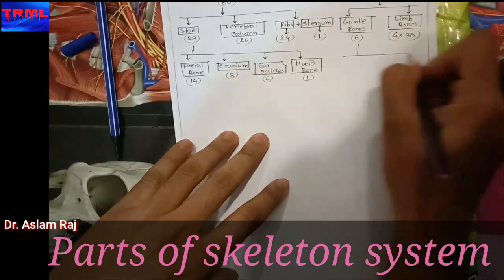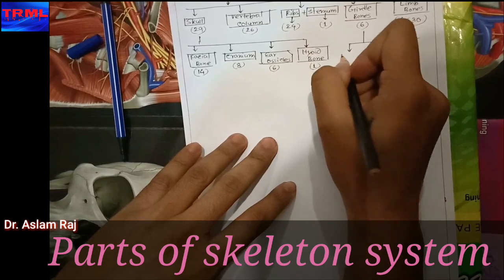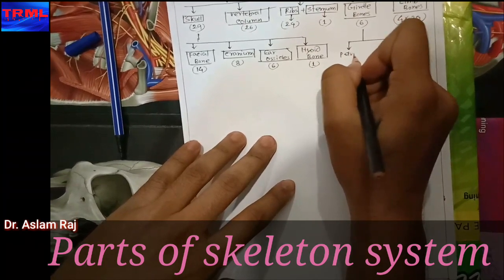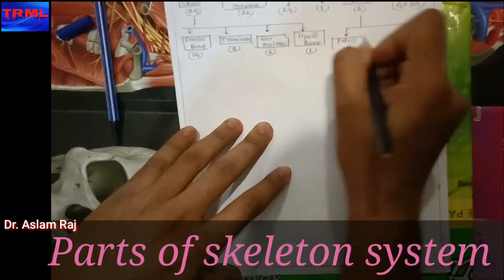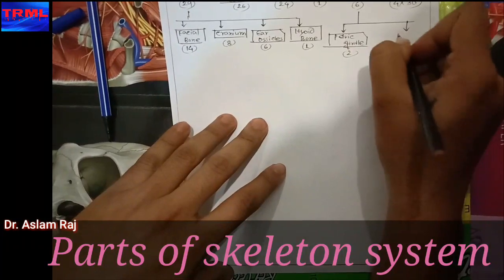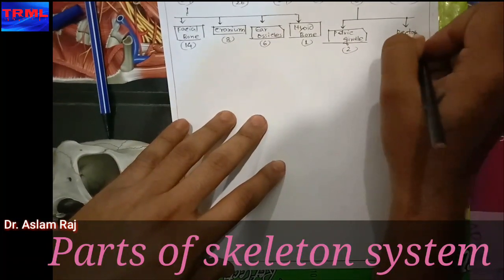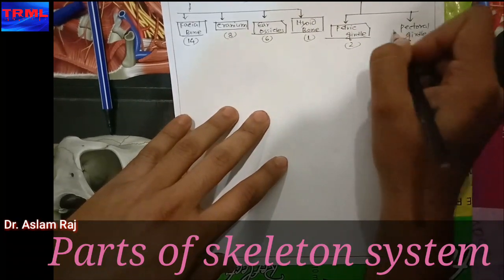Then girdle bones are mainly 2 types, pelvic girdle and pectoral girdle. Pelvic girdle has 2 bones, and pectoral girdle has 4 bones.